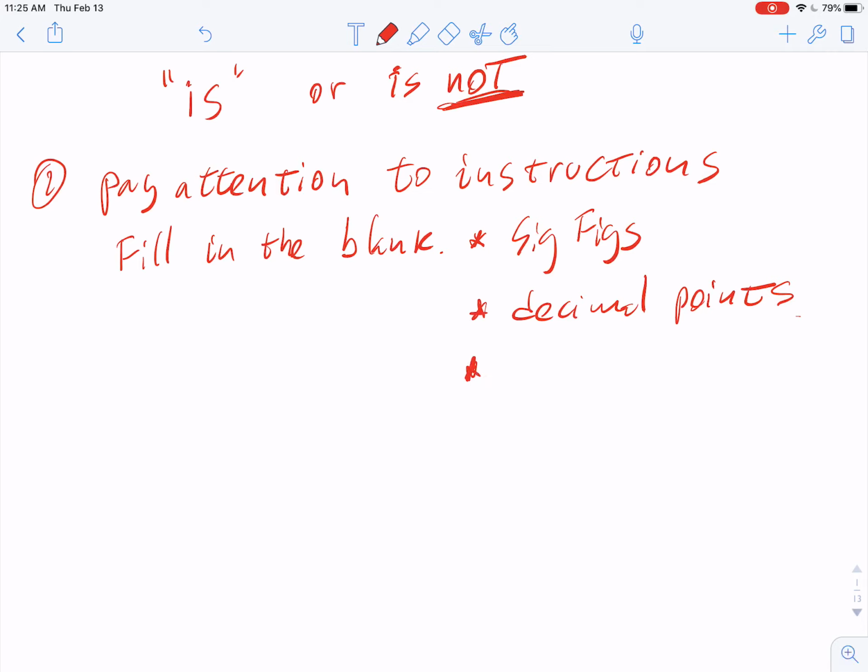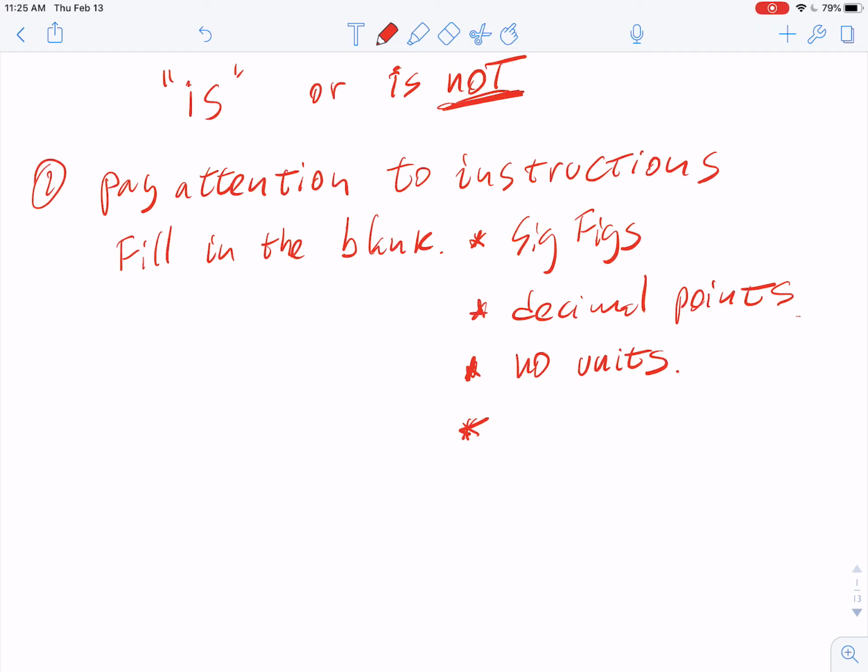Almost always, if it's a numerical value, you are not to put units. So sometimes you have to pay attention to significant figures, decimal points, no units, and this is a fill in the blank.